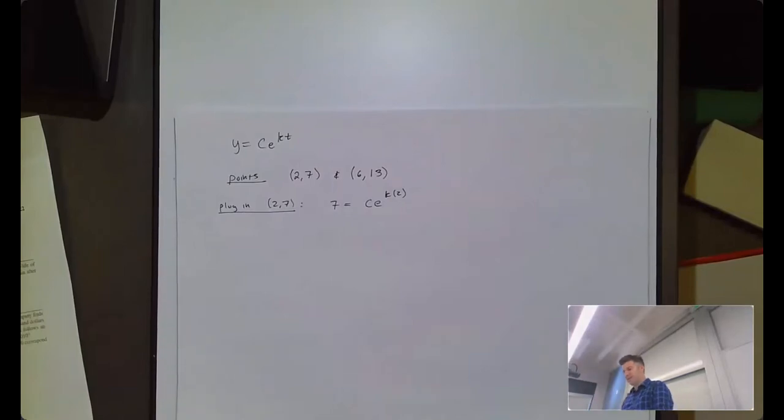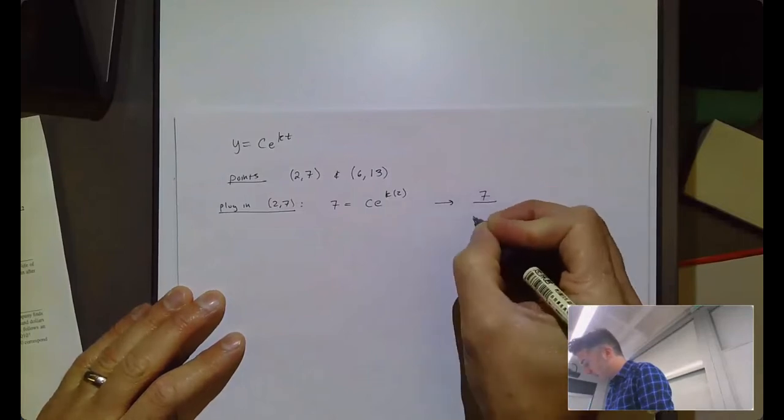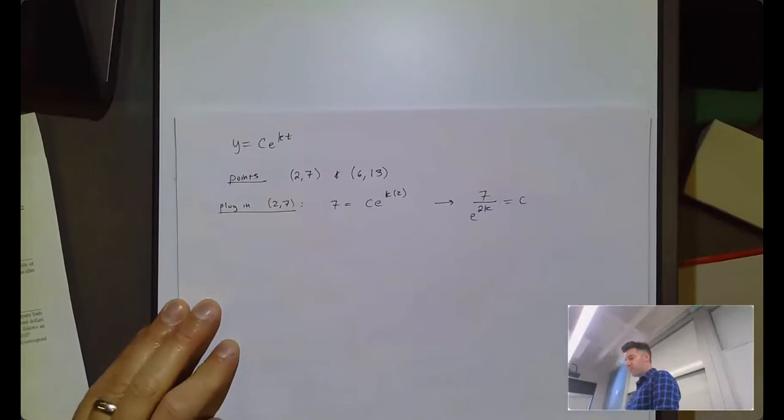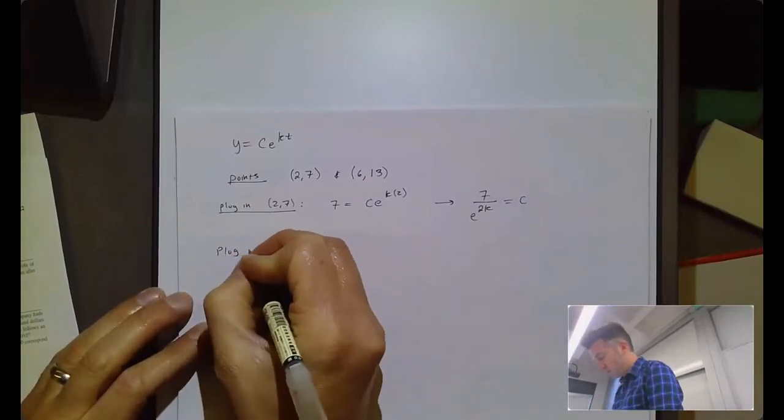I can't just figure out c or k from this. So I'm going to solve for one of them, and typically I'm going to solve for c because it's easier. So isolating c, I get 7 divided by e to the 2k equals c. And then we're going to do the same thing for the second coordinate.